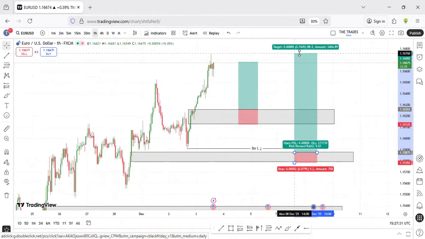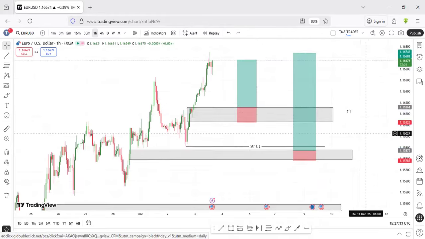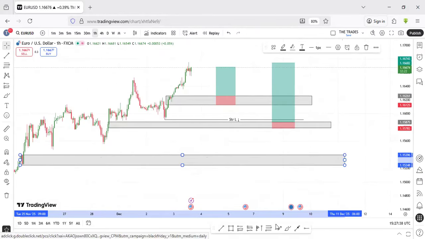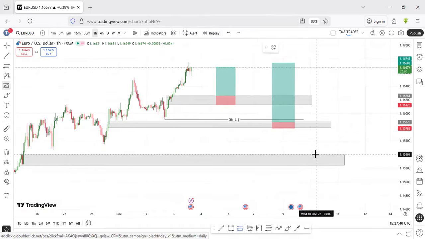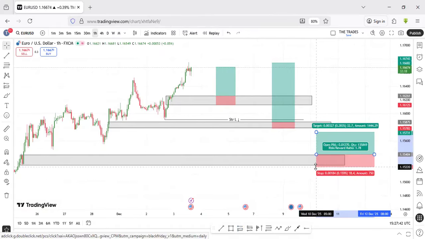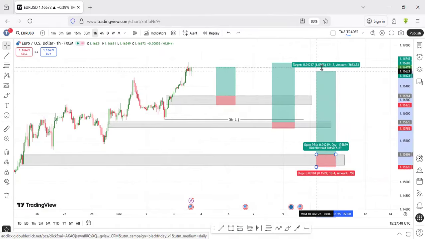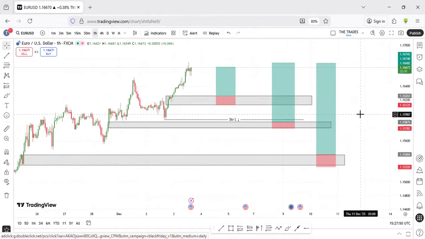Then second, I'll be targeting this buy side liquidity. And if the market decides to go below all this, then I'll be looking for that entry just at this particular place. My first take profit, 3 to 1 risk reward, then I can start targeting this particular place.